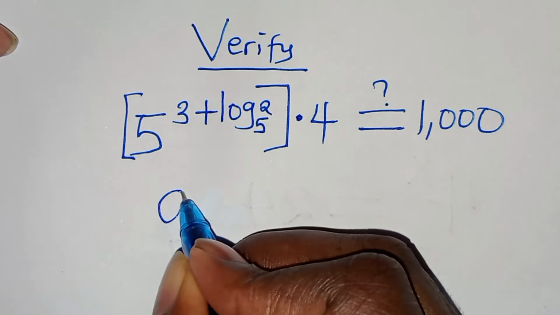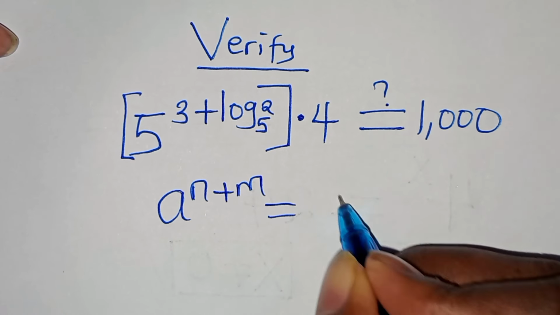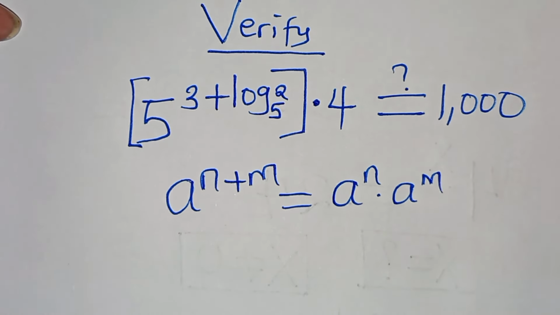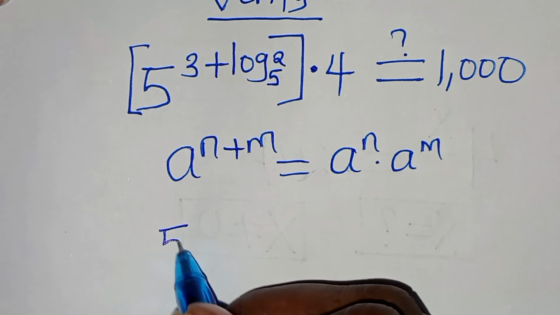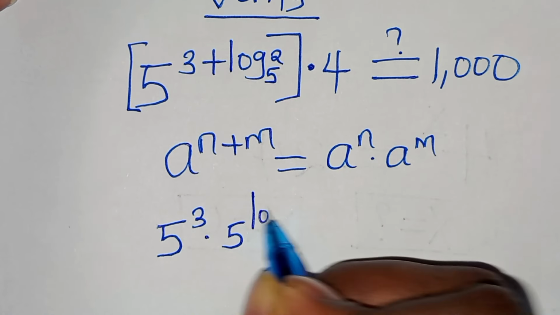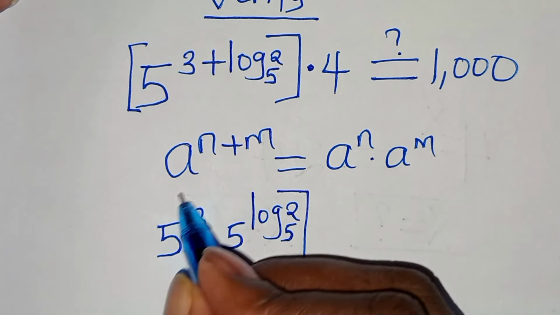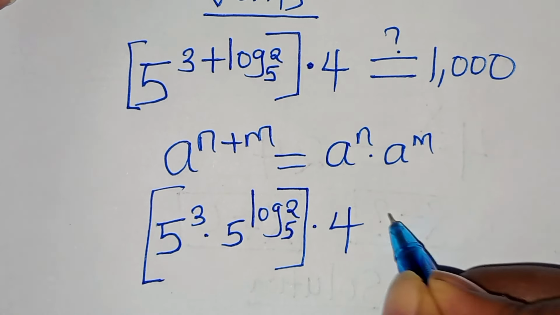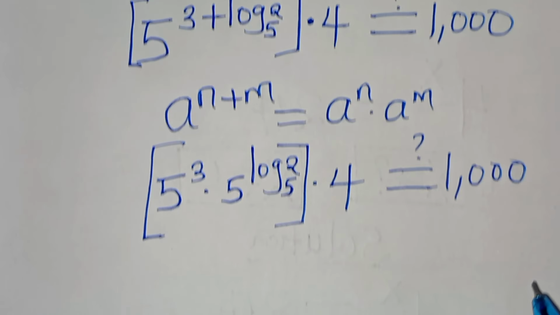This is in the form of a to the power of n plus m, which we can express as a to the power of n times a to the power of m. Applying this exponent property, we have 5 to the power of 3 times 5 to the power of log 2 to base 5, everything multiplying by 4. This is supposed to give us a value of 1000.